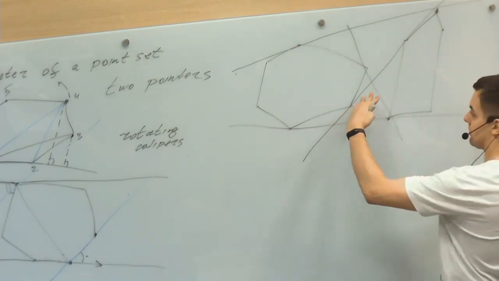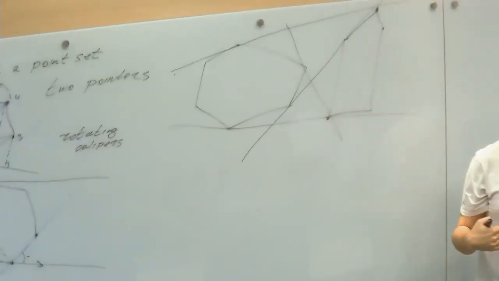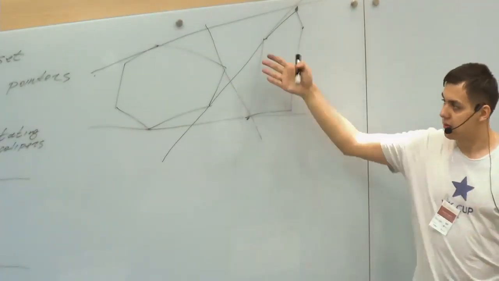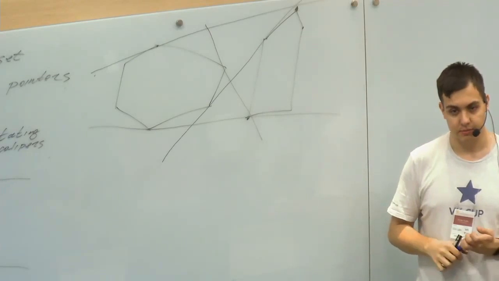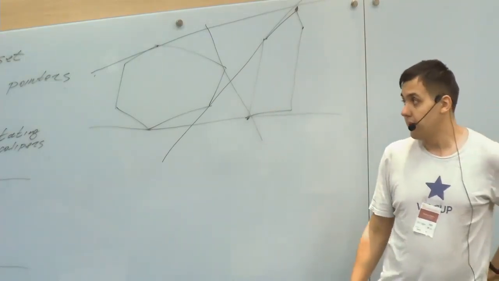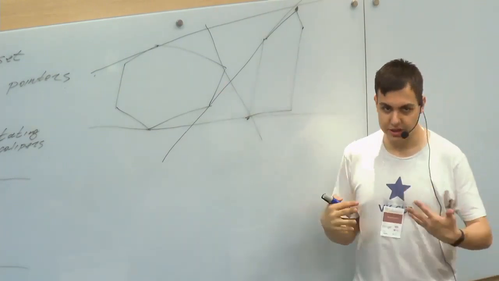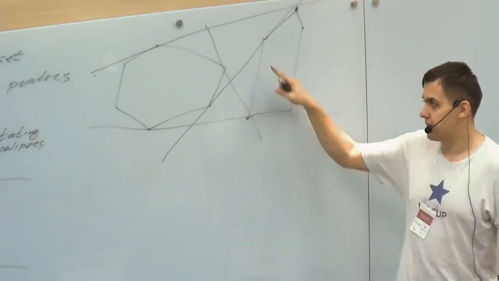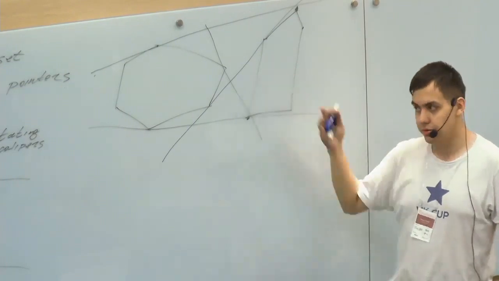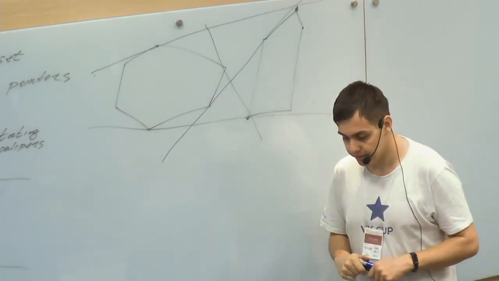So this one moves around the first polygon, this one moves around the second polygon in the other direction, and whenever they meet, then we have a common tangent. Of course, if they intersect, there are no common tangents. But if two convex figures don't intersect, they can be separated by a line. So this is how you can find this kind of line.